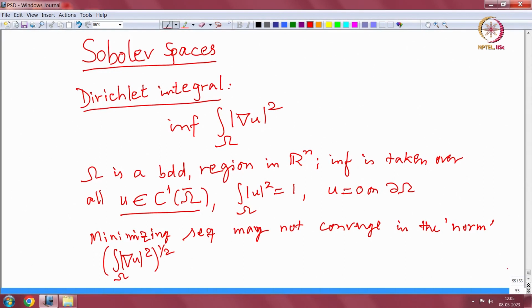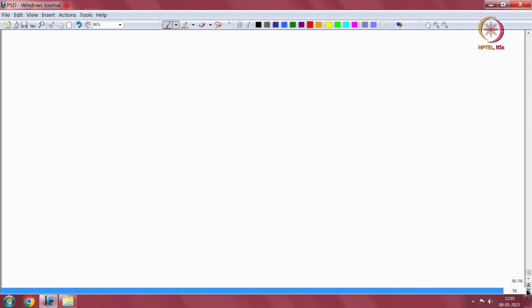In one dimension, let me just mention, if you are aware of that thing, that is fine. Take the case of n equal to 1, and let me take Omega to be some interval, 0 to 1 for example.